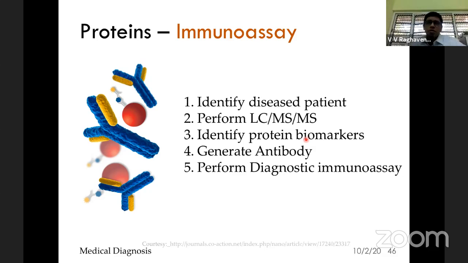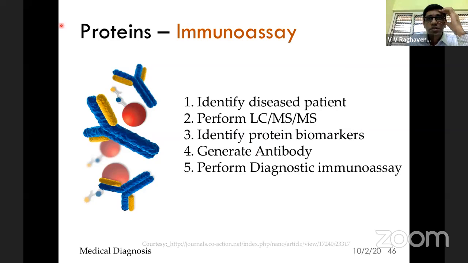Most of the time when you talk about proteins from a clinical diagnostic point of view, you have to see how well you identify a disease marker. The first and foremost question, if you are trying to detect a disease, is to identify a particular protein that is relevant to the disease.